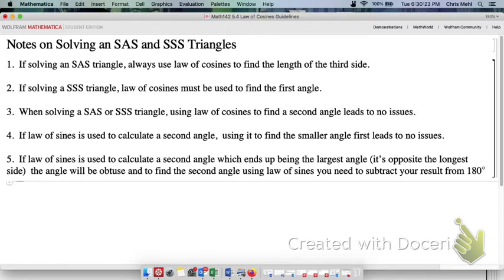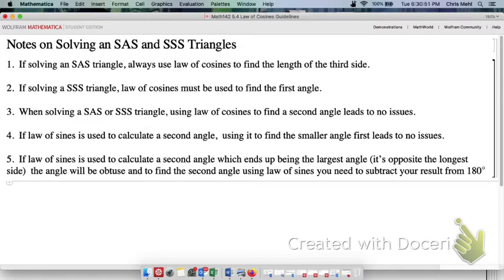We'll see shortly if you're solving a side-side-side triangle. So number 2, if you're solving a side-side-side triangle, law of cosines must be used to find the first angle. So you always have to use law of cosines in either of those two cases, whether we're doing a side-angle-side or a side-side-side triangle. Remember, the previous three types of triangles can be solved with law of sines exclusively.